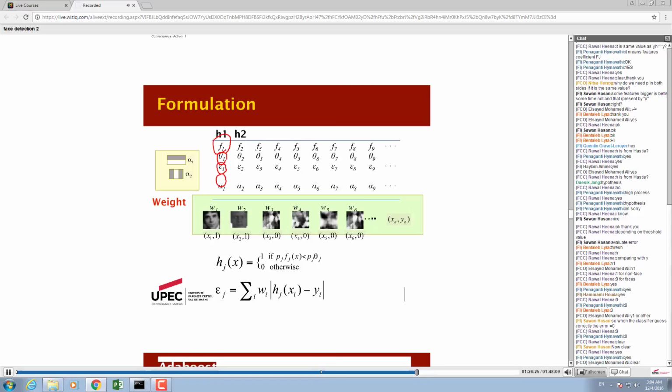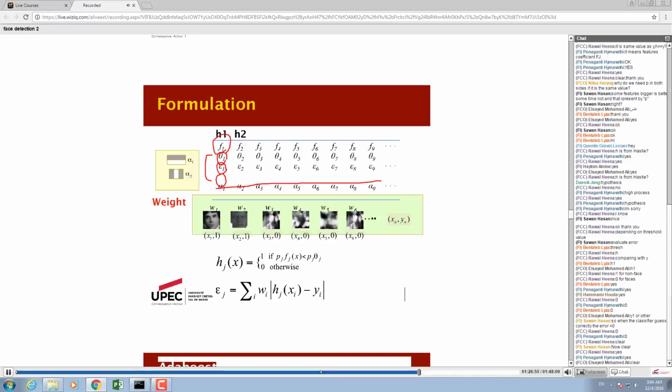formulate all the symbols. For H1, classifier H1, it has its corresponding feature F1 and theta 1, error E1. Until now we calculated all these values. We know how to define the feature F, how to define H, the classifier.